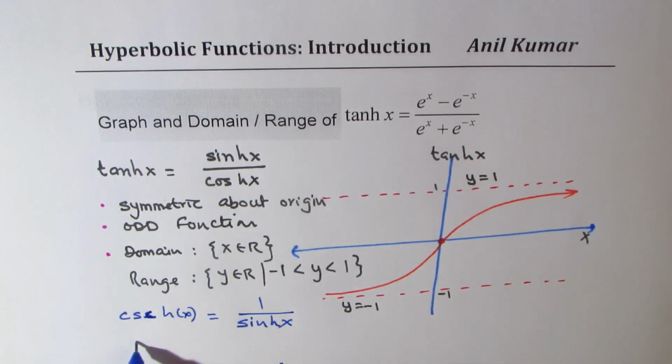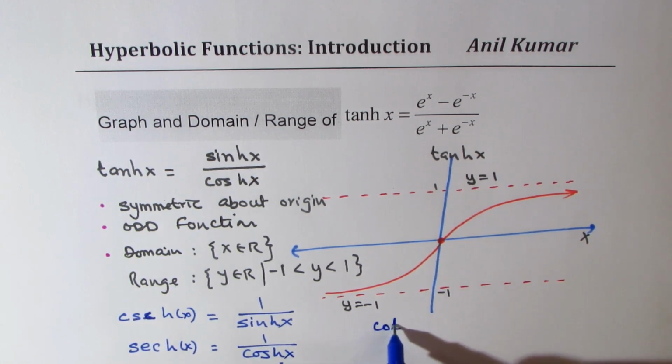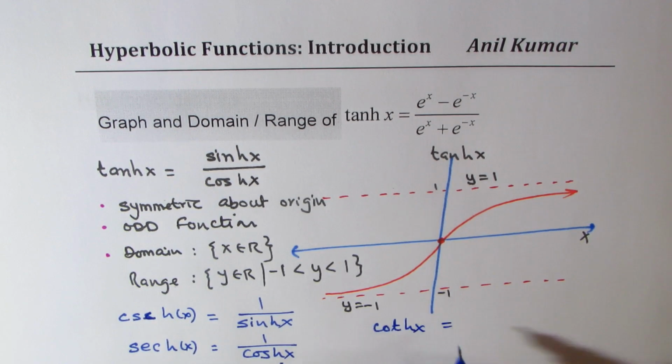You can do secant hyperbolic x, which is same as 1 over cosine hyperbolic x, and cotangent hyperbolic x, which is same as 1 over tan hyperbolic x. So let this be your exercise.